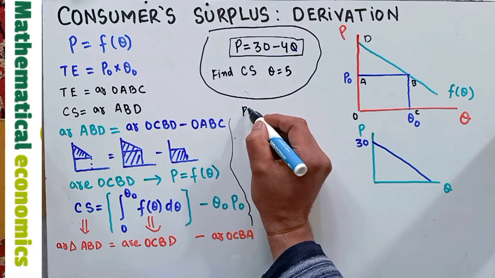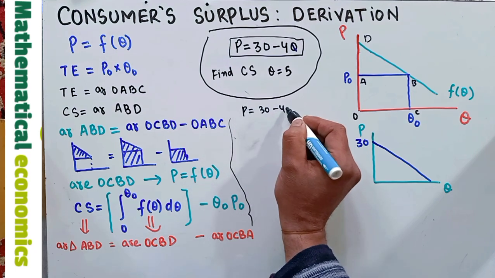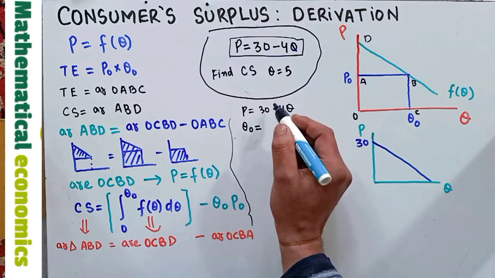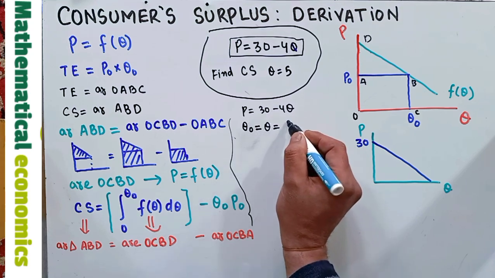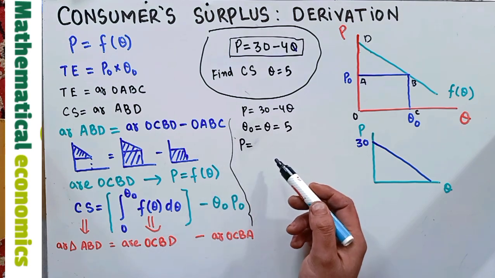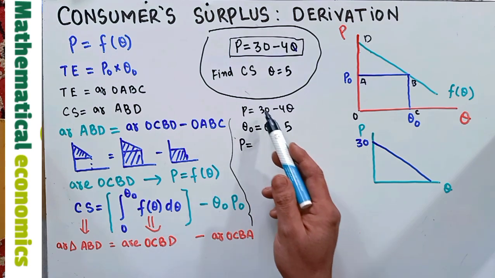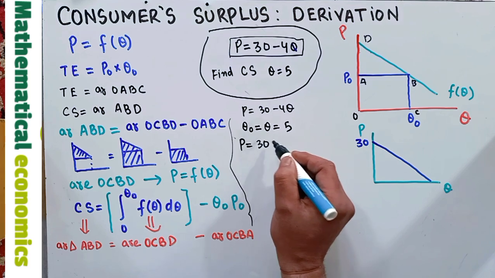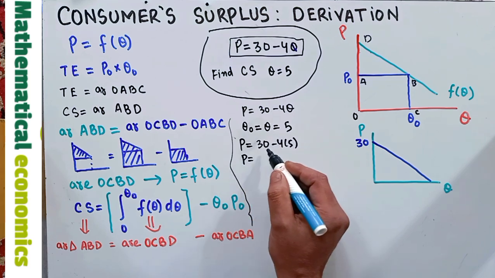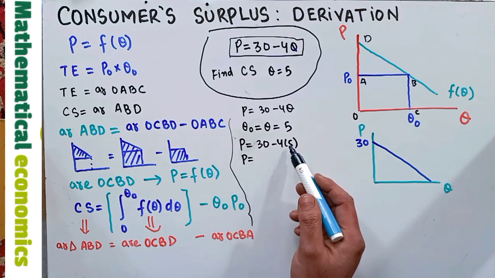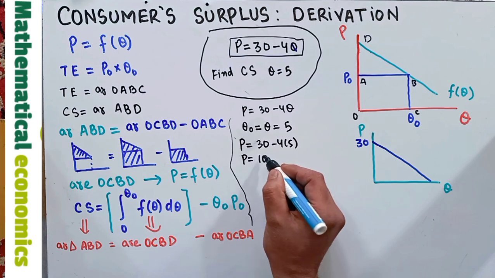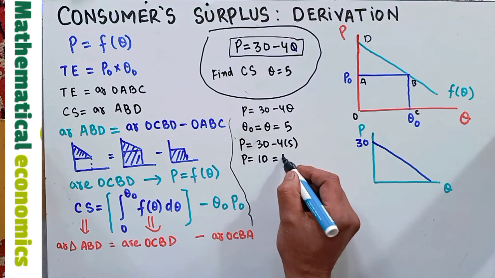So given P is equal to 30 minus 4Q, since Q naught will be equal to Q here, which is equal to 5, then what will be our price? To find the price, we simply plug Q is equal to 5 into this demand function, that is 30 minus 4 times 5. So the price will be equal to 30 minus, 4 5s are 20, we will get 10. Okay, and let us say this is our P naught.